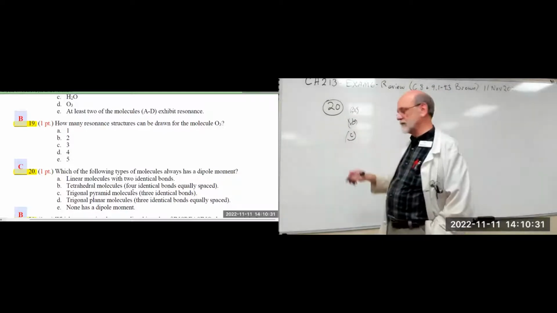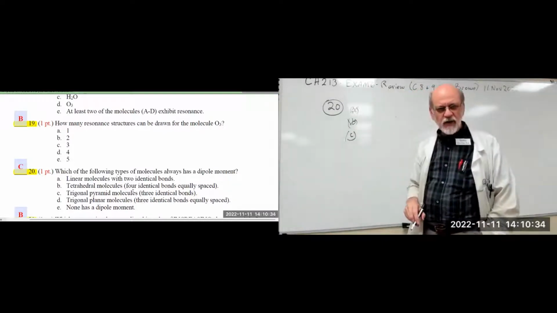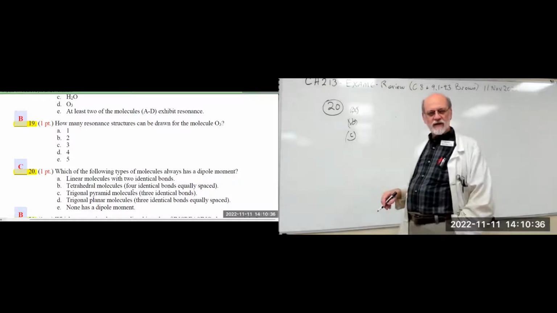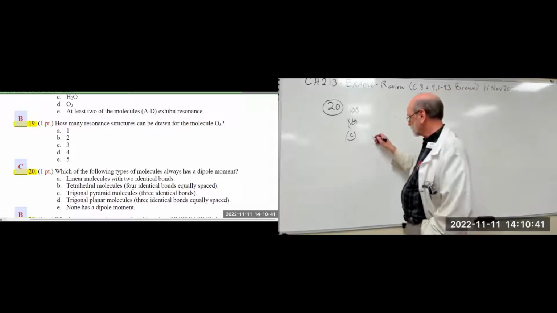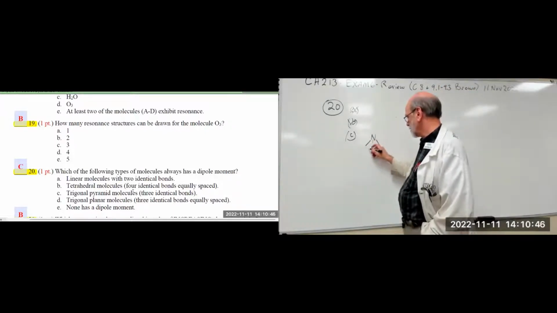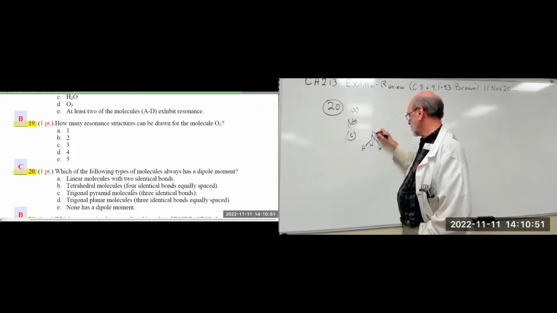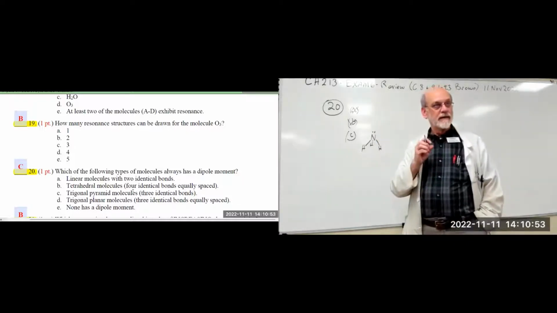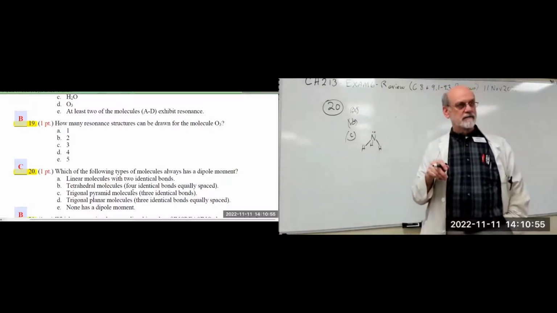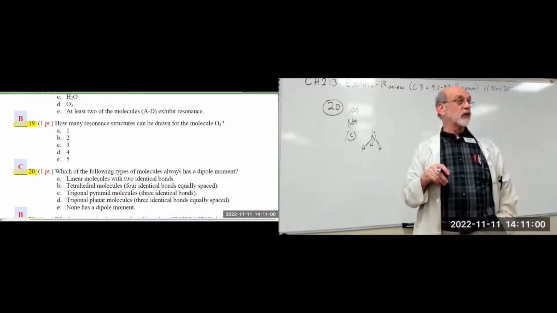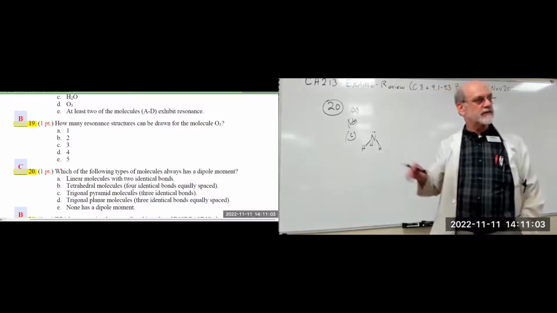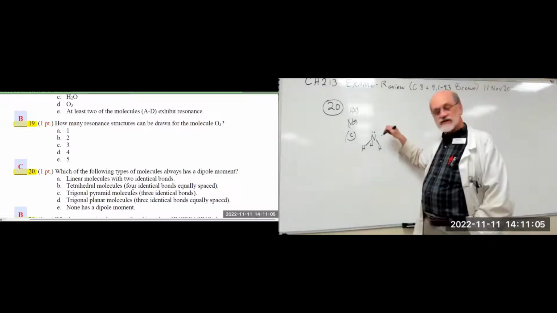How about C? Trigonal pyramid molecule with 3 identical bonds. We just did one a few minutes ago. That one is always a dipolar molecule, because of the reason that it's this shape.